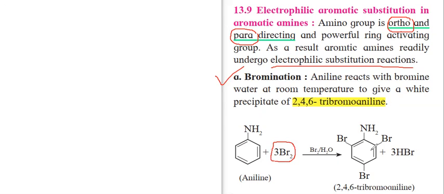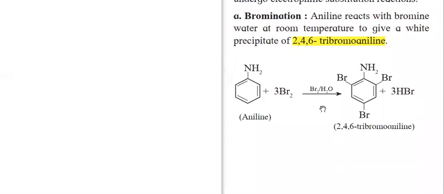See the positions, 2, 4, 6, the ortho and para positions, as the amino group is ortho and para directing. Because of that, bromine attaches to all the available positions, two ortho positions and one para position. It is a very simple electrophilic substitution reaction in which the electrophile attaches to our aromatic ring. This is our first reaction.